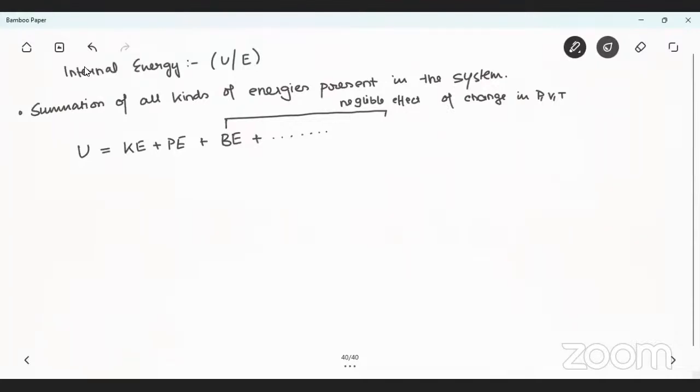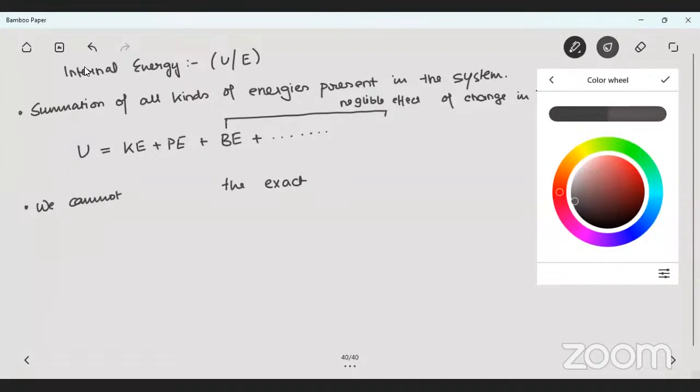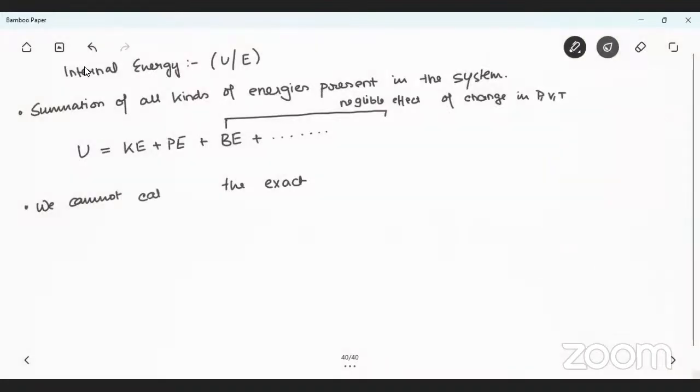One more thing you have to remember: we cannot calculate the exact value of U. Why?